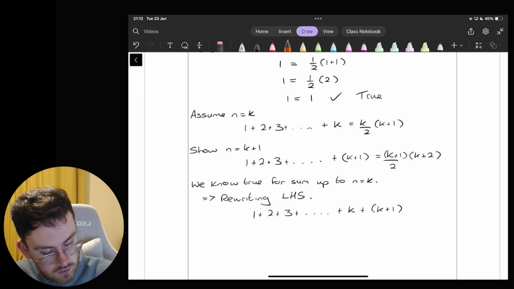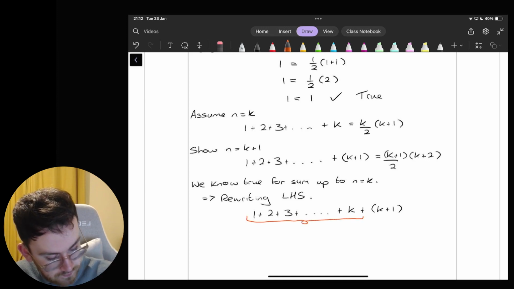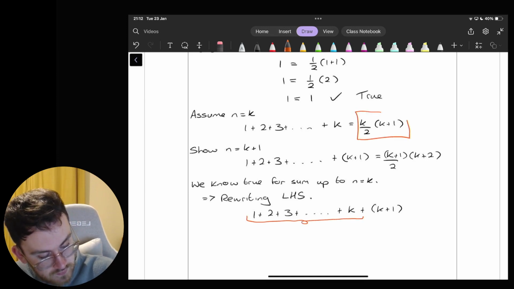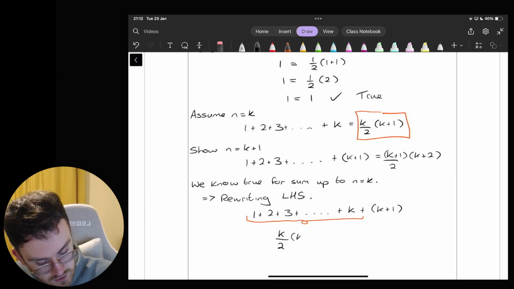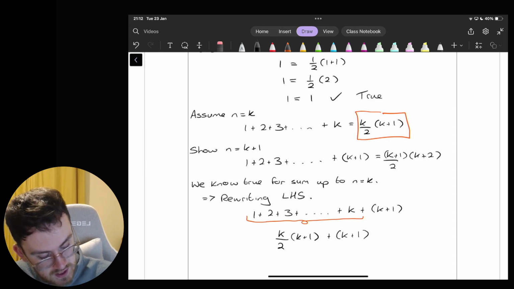But I already know that this sum can be written in this format. So let's take that with us: k over 2 times k plus 1, and then plus that remaining k plus 1 there.